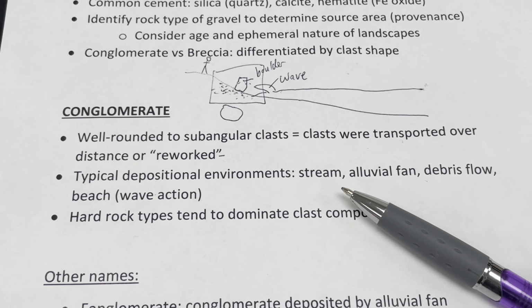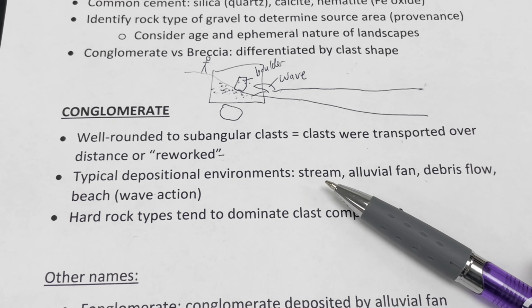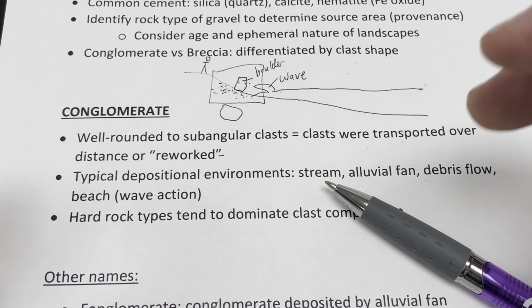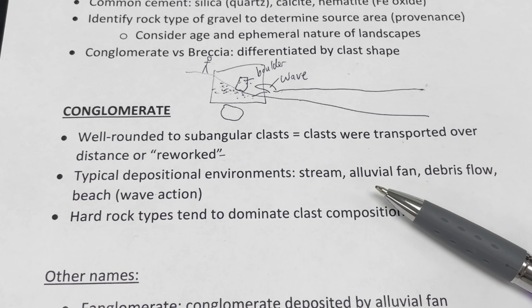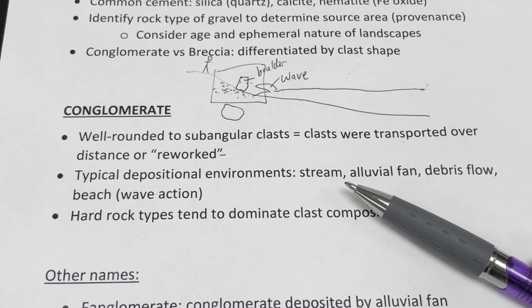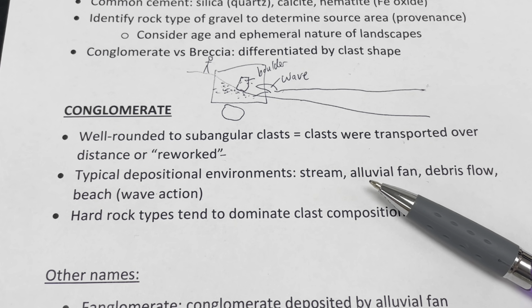associated with conglomerates, and this by no means is an all-inclusive list, but just some ideas here. So you might see streams, where you oftentimes, even today, see very rounded particles of sediments from all the collisions that take place. Alluvial fans, which is similar to a stream, is a place where we have mountains, a stream system in a canyon in a mountain that flows down to the valley and deposits a big kind of fan-shaped material on the valley floor.